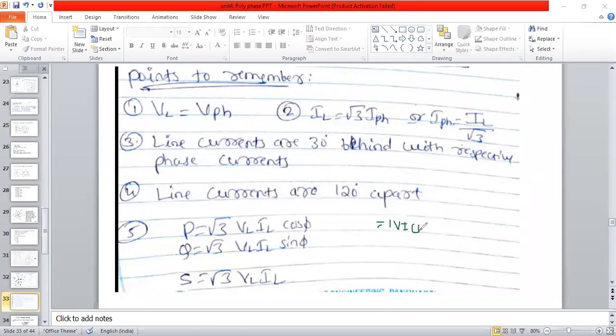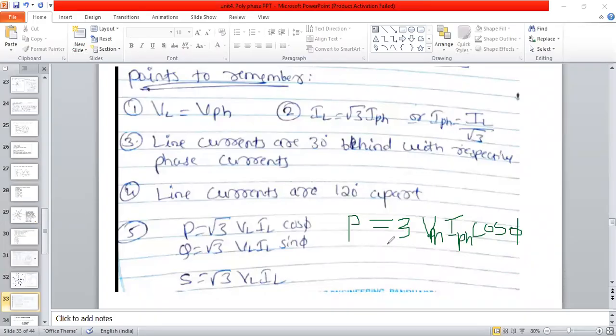For 1 phase we used V, so P equal to 3 V phase I phase cos phi. This is P. This is the formula.